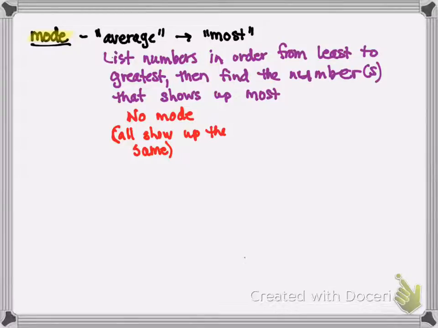There could be one mode where there's only one number that shows up more than anything else. And you can have, let's see, what do they call it? Multi-modes? I've heard it called so many different things. I'm going to just say more than one mode.